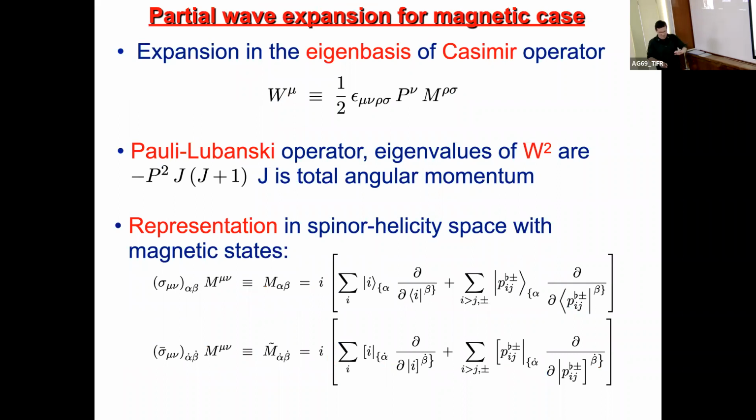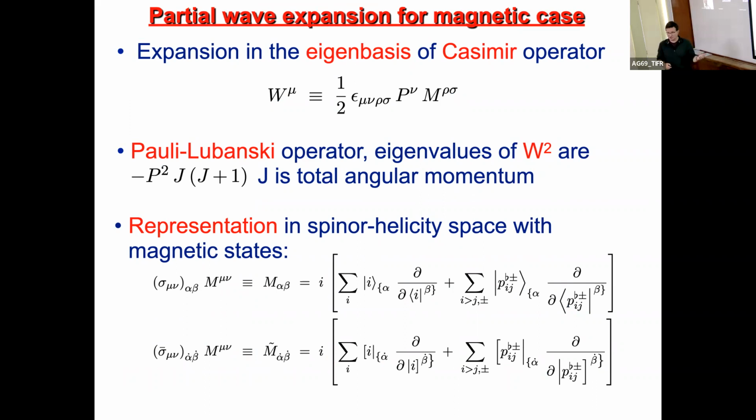So again, I'm not going to show all of this because I'm running out of time. There's a little bit of more heavy formalism, so it's not that super exciting. But again, what we did is, just a year or two before us, people discussed how to do the partial wave expansion in this amplitude formalism.